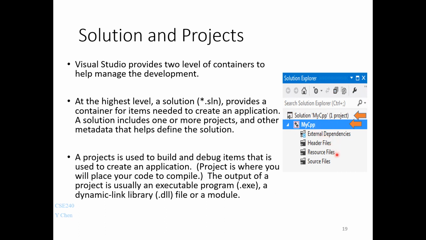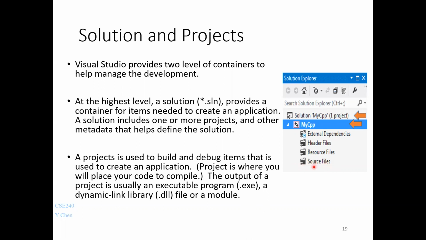Inside the project, you will have a header file folder, a dependency folder, a resource file folder and the source file folder. Later, when we do C++, we're going to use the header files and you're going to create them. But before C++, we are just going to be using the source file folder.